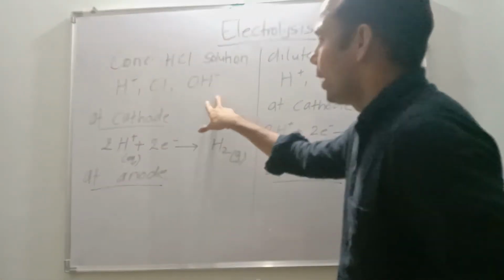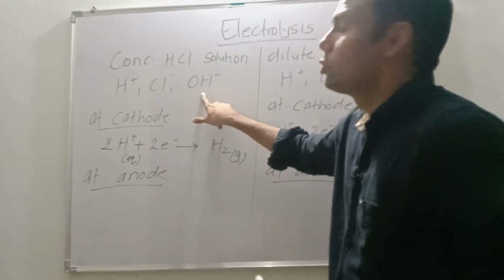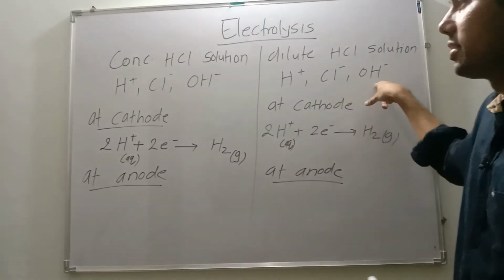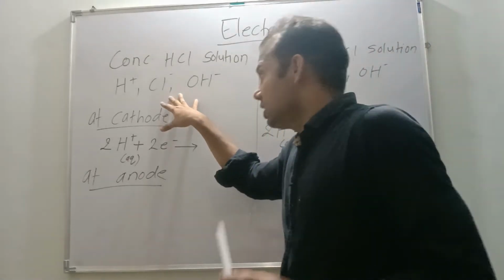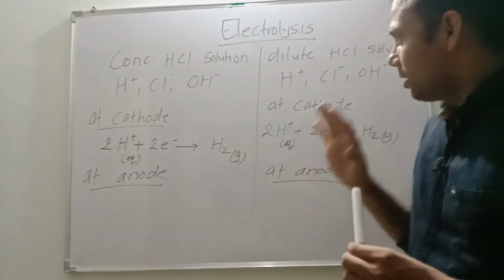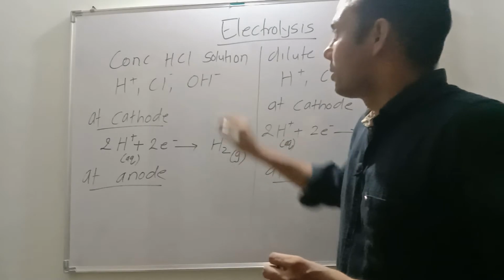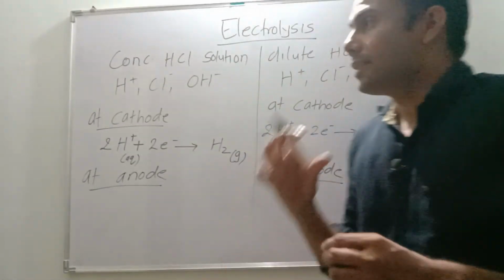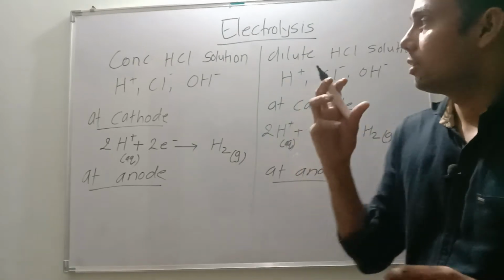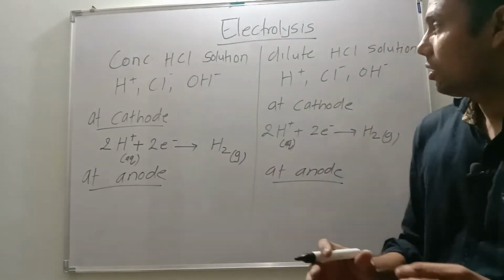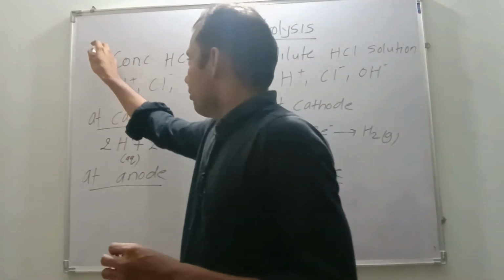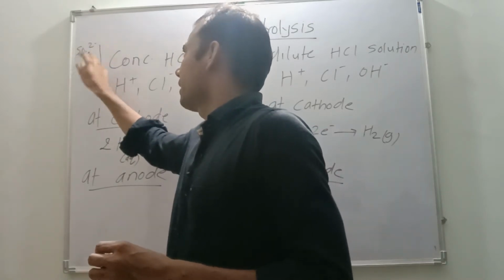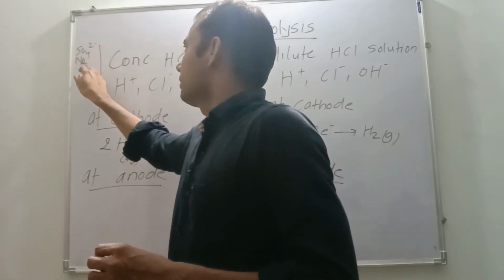it is very interesting to see what is going to happen at anode. Now there are two anions, one is Cl minus, another is OH minus. Here also we have Cl minus and OH minus. First of all I would like to write down the reactivity series of anions. First we have sulfate ion, nitrate ion.